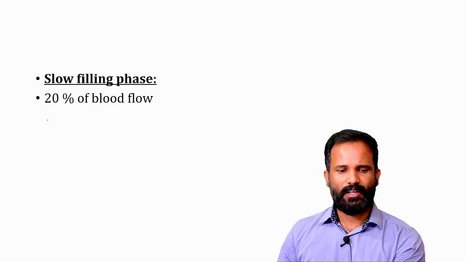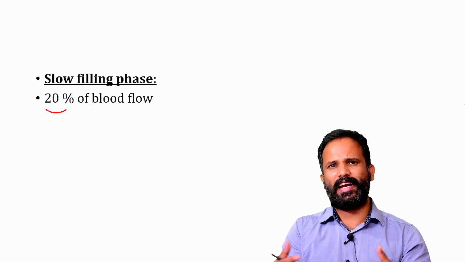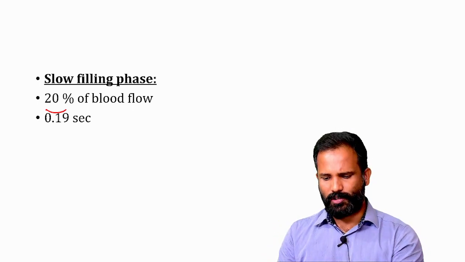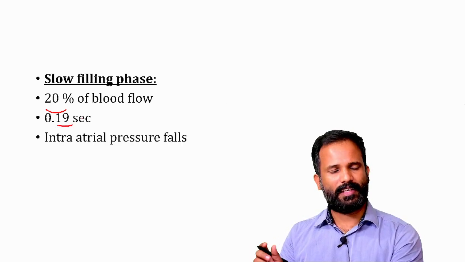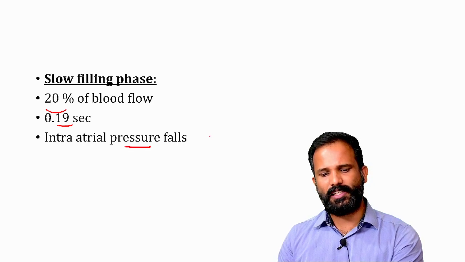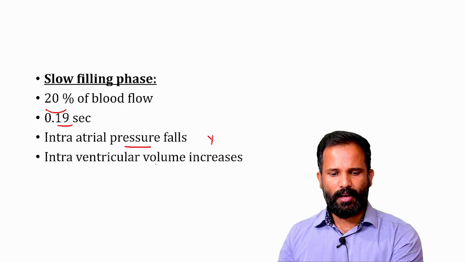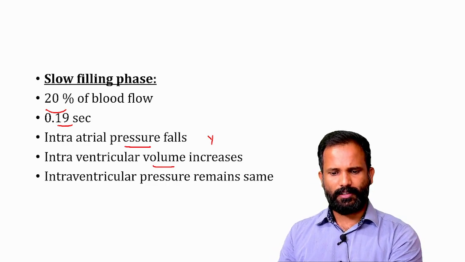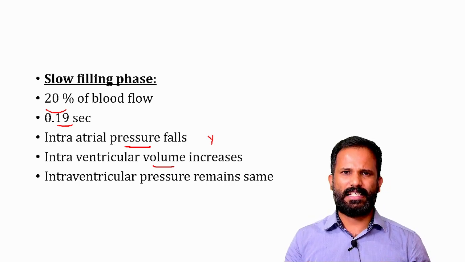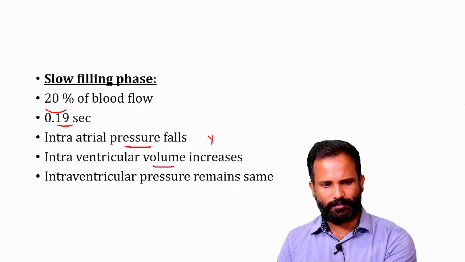And the slow filling phase contributes 20% of the blood flow. As the pressure gradient between atria and ventricle is reduced, it becomes slow, and it takes around 0.19 seconds, and intra-atrial pressure still falls, so the Y descent is still continuing. Intraventricular volume is increased because it is filled, and there is not much change in pressure, or I can say it still falls because the ventricle is still accommodating.